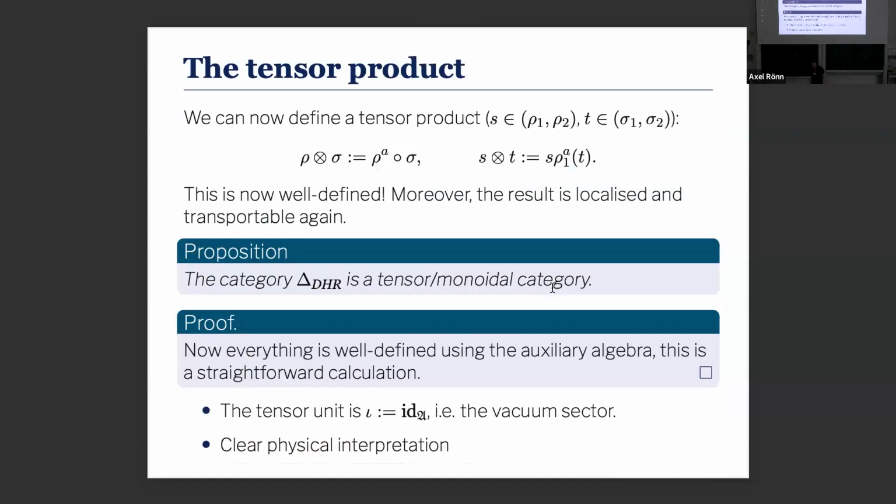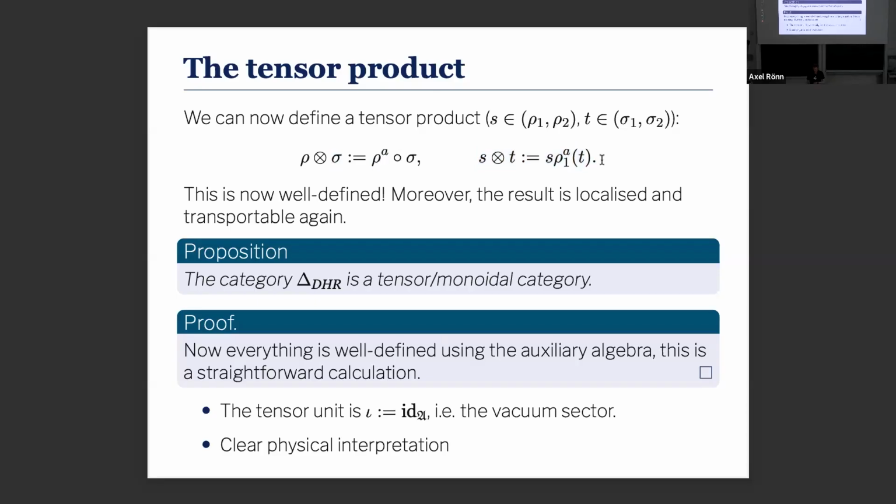Right, so now we can define a tensor product. It's almost exactly the same as before. Only now, instead of my original map, I have to take the extension. This is a map by definition now from A into the auxiliary algebra. So if I want to compose this with this map, I need something that's actually defined on the auxiliary algebra. So you see the extension.